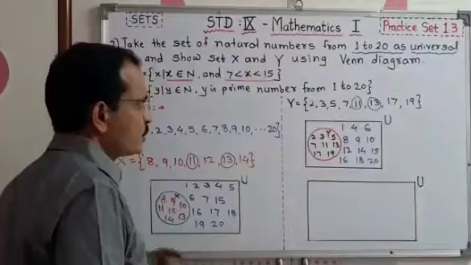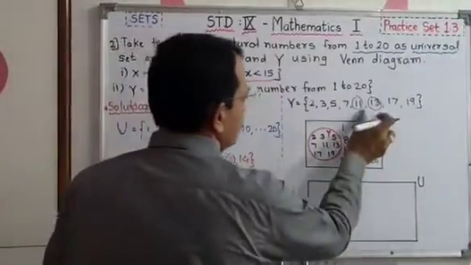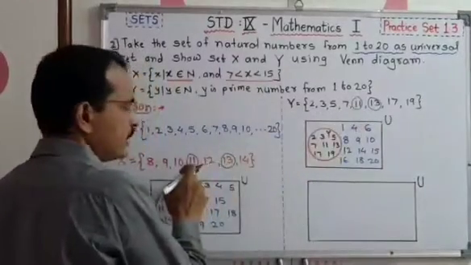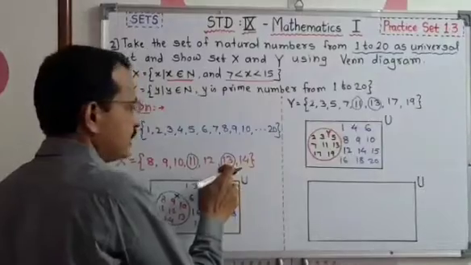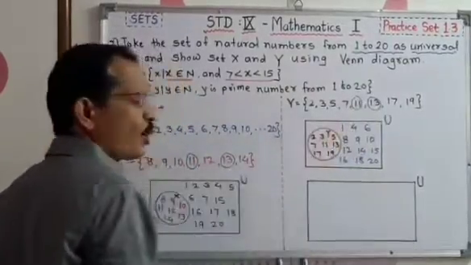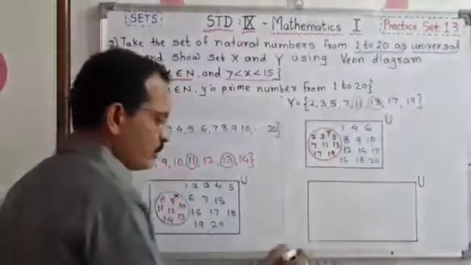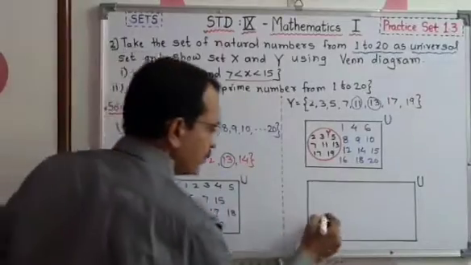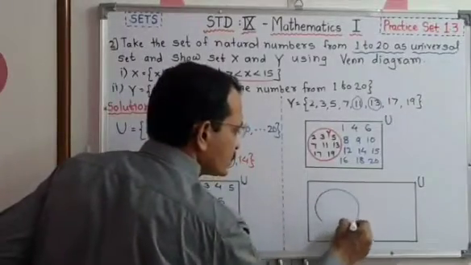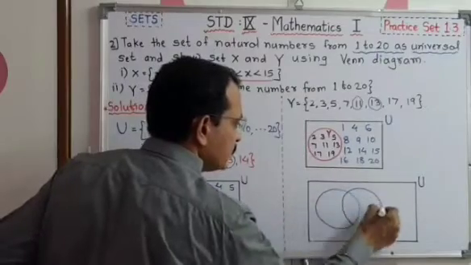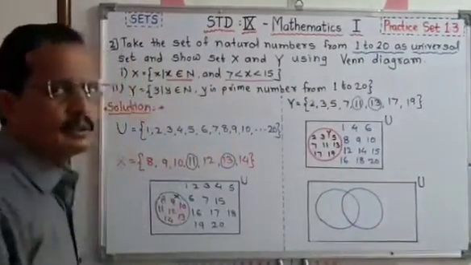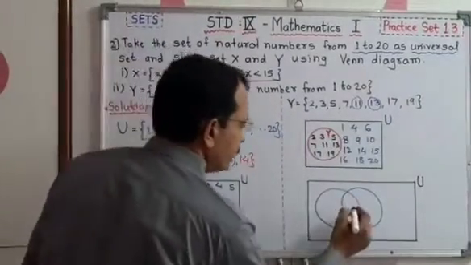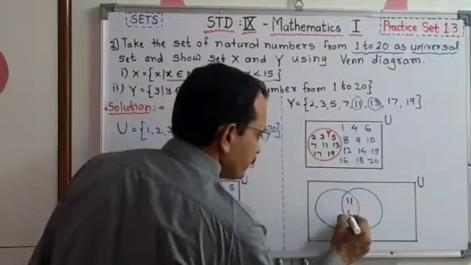For that purpose, first of all we have to see whether, in set X and Y, 11 is present in set X, 13 is present in set X. That means these two elements are common in both the sets. Therefore, we have to draw two closed figures in the universal set. So we draw two circles like this, because these two sets have common elements. These common elements we write here, 11 and 13.